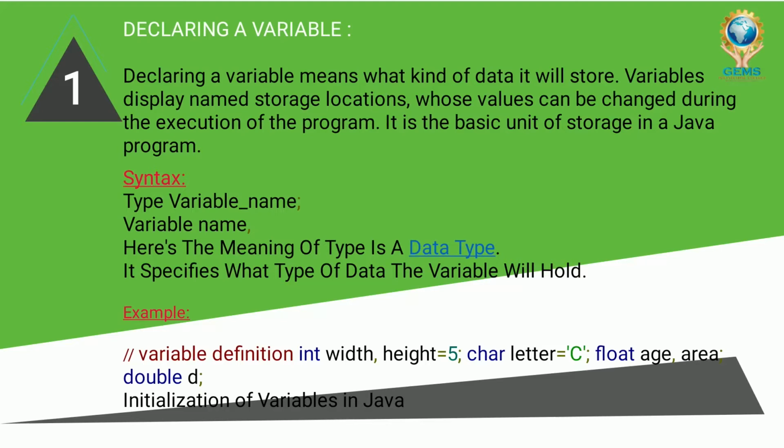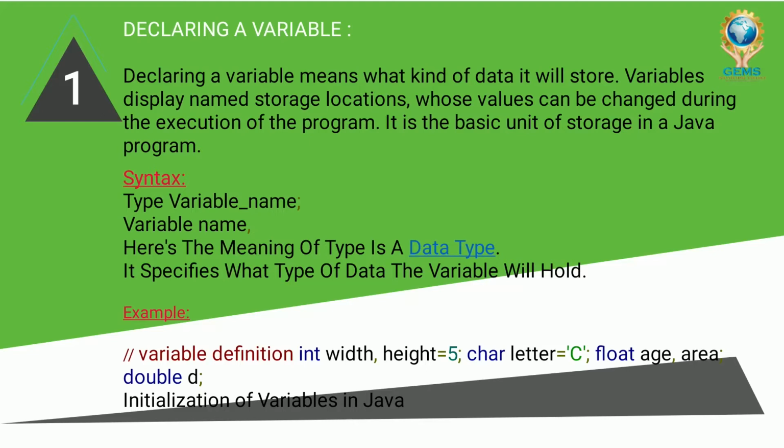So variables help you to store your values, numeric values or any kind of words. That is the actual purpose of why we use variables in the Java programming language.